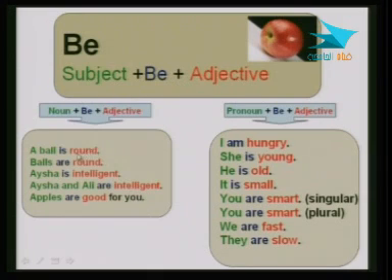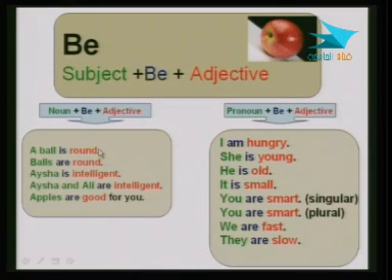Remember, in English, the form of the adjective does not change with the change of the subject. Here, this is singular: a ball is round. This sentence: balls are round.